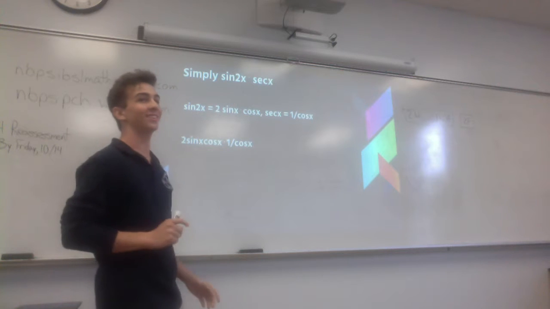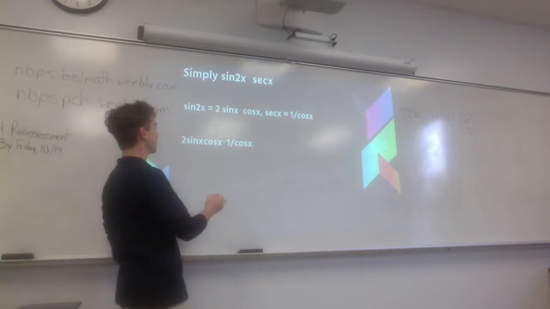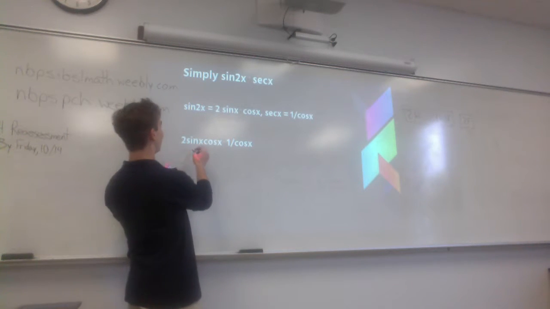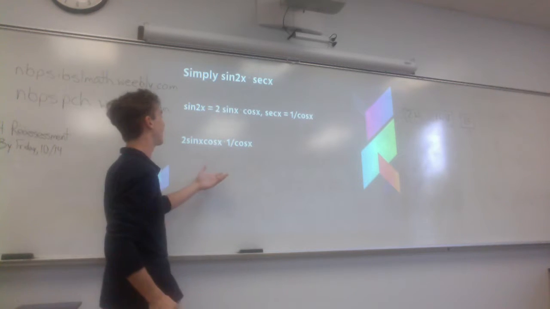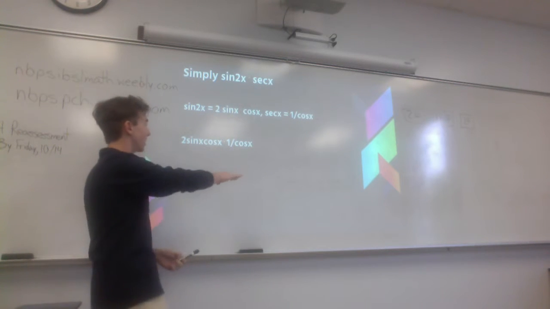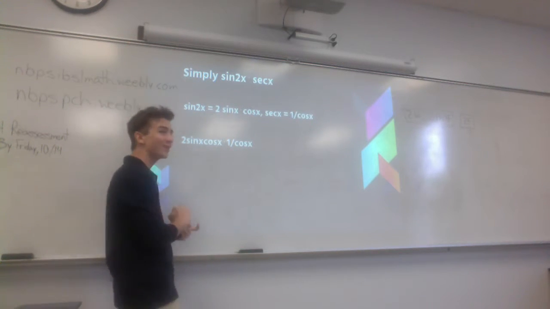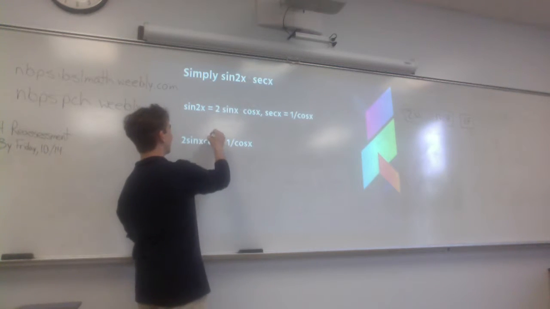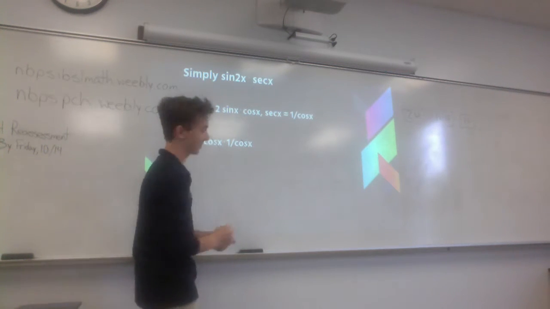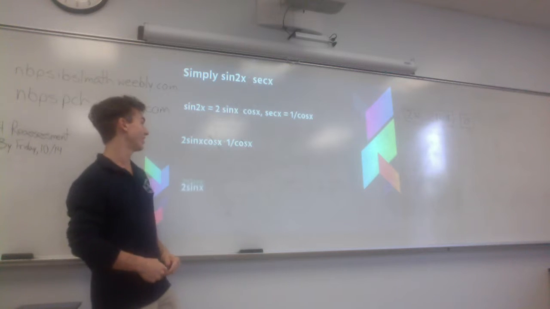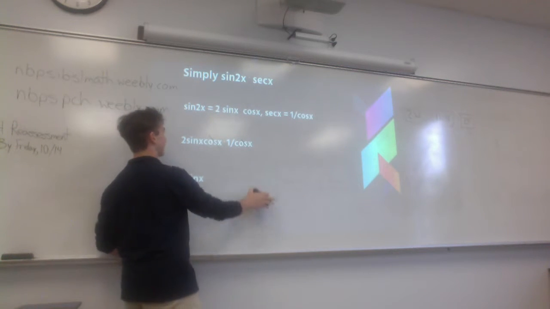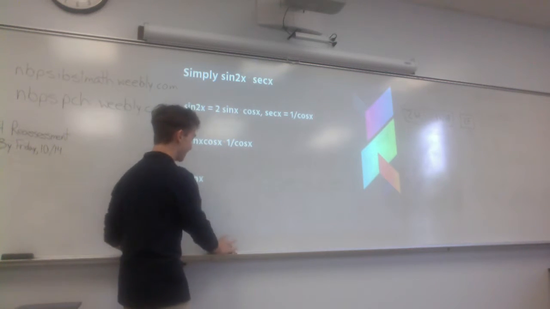That is such a good idea. I think we should do it. So technically, you could read it as 2 sine x cosine x times 1 all over cosine x. So we have 2 cosines. How convenient is that? We can just, boom, cross them out. And that leaves us with 2 sine x. Easy as that. Proving trig identities.